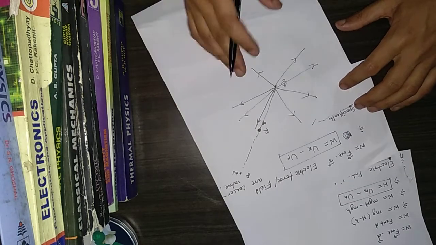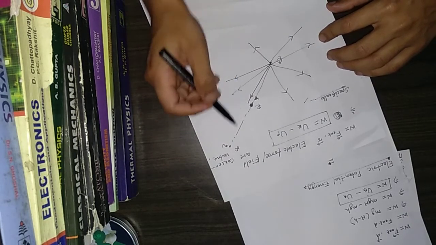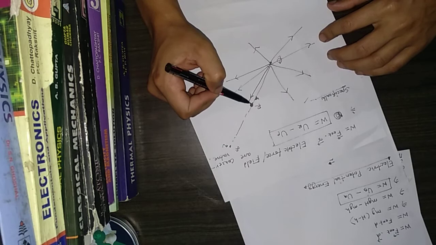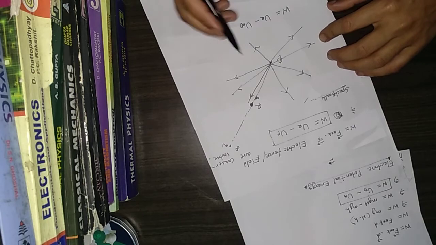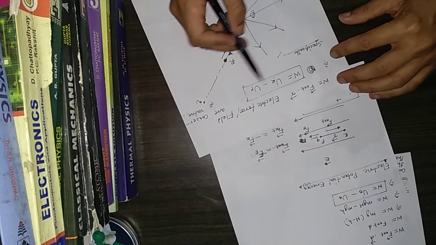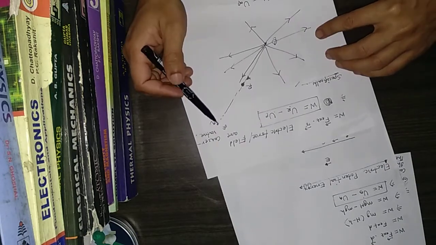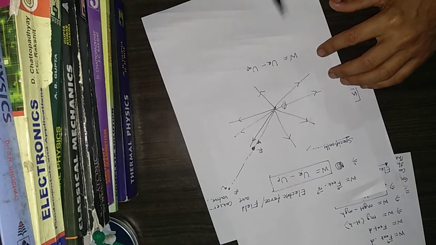Now in similar manner, the first point is infinity and the second point is R. You are bringing a charge from infinity to point R. So in this case the work done will be UR minus U infinity, because earlier I was bringing it from point P to R, so work done was UR minus UP. Now you are bringing it from infinity to point R, so your work done will be UR minus U infinity.